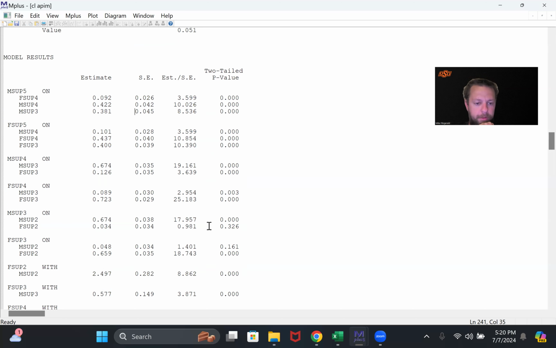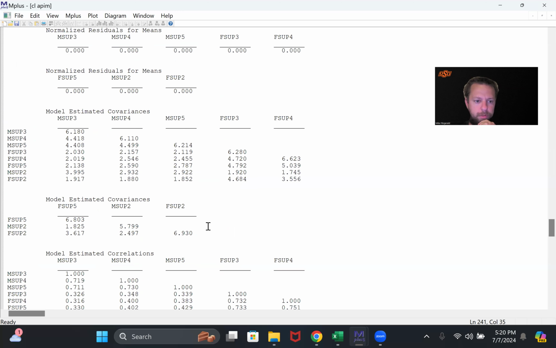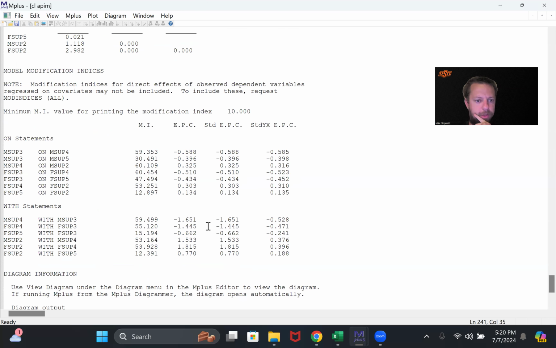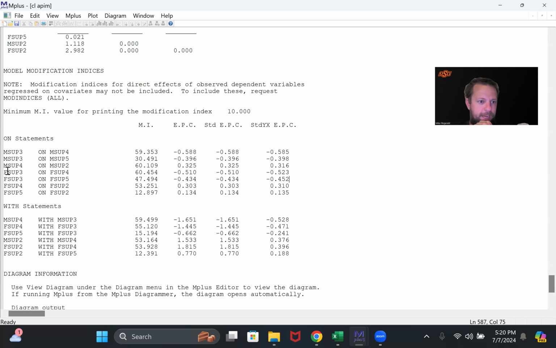All right. And so we can scroll down. We'll just go back to mod indices to see what else is there. And we still just got, my God, some really horrible, horrible fitting model. And the model is telling us to do more of that. Our model is telling us that wave 4 should be predicted by wave 2.